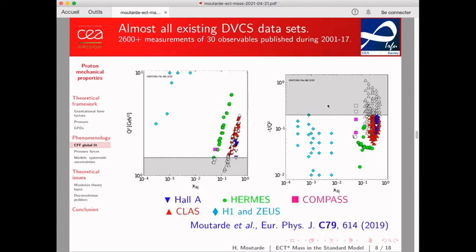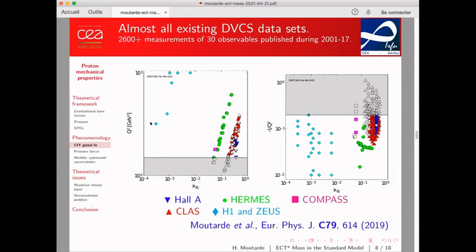More precisely, if we look at the kinematic coverage of the observables, you see, depending on Bjorken x and Q square, basically all the fixed target experiments which are here and the collider experiments which are there.